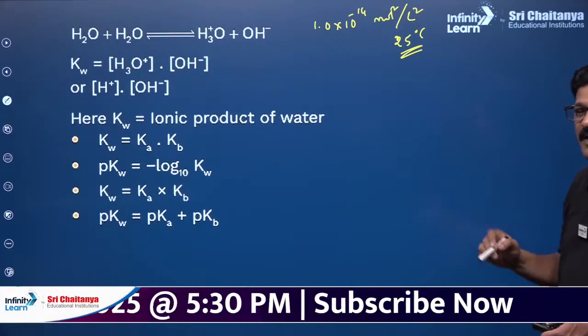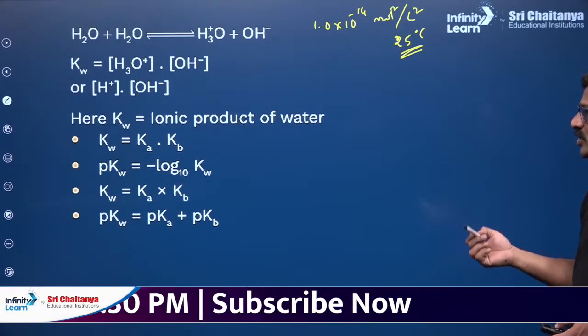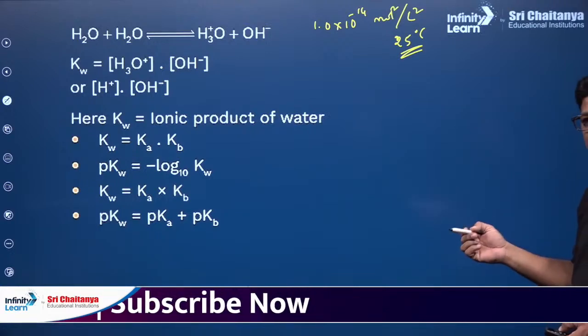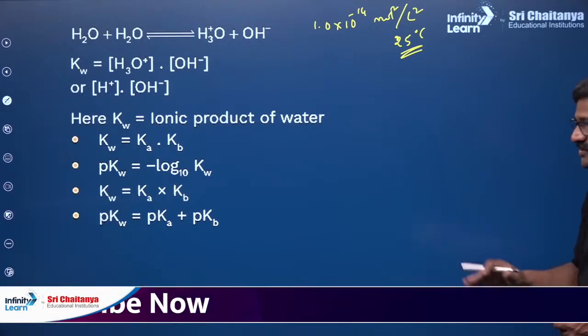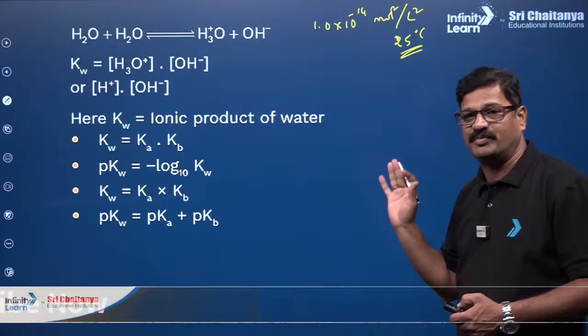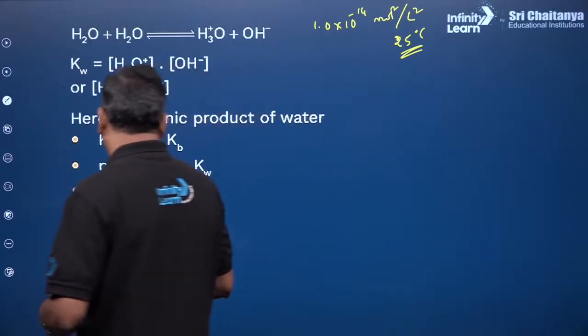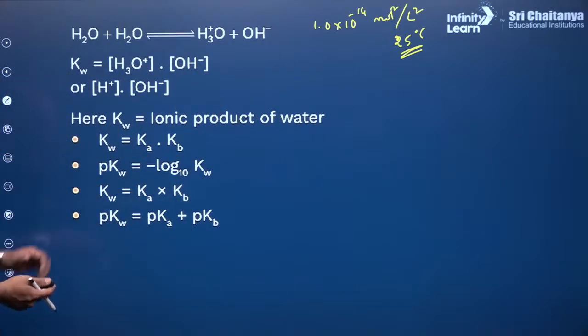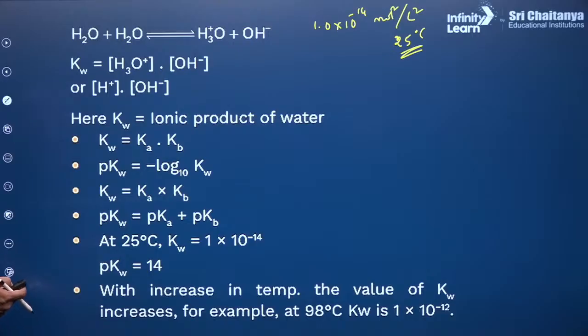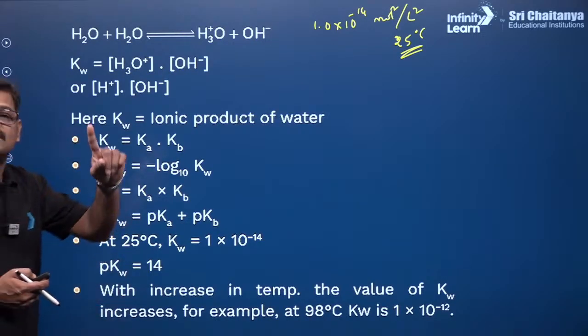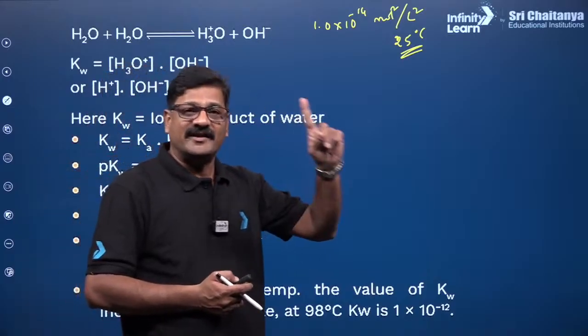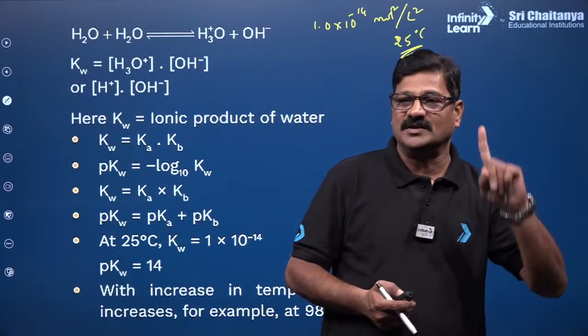So pKw is equal to minus log Kw, Kw is equal to Ka times Kb, and pKw is equal to pKa plus pKb at 25 degrees centigrade. These are true at 25 degrees centigrade. As temperature increases, the ionic product of water increases.